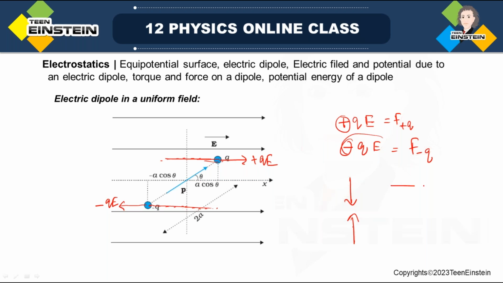But if both are equal and opposite, but their lines of action are different, this one this way and this one this way, they cannot cancel each other.